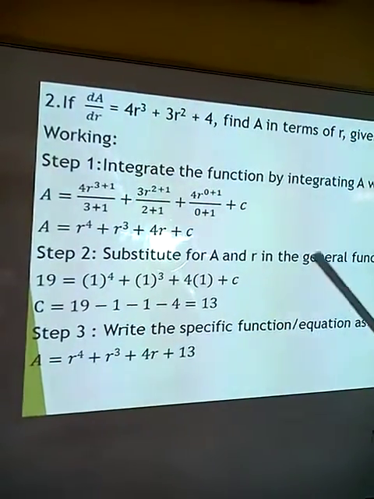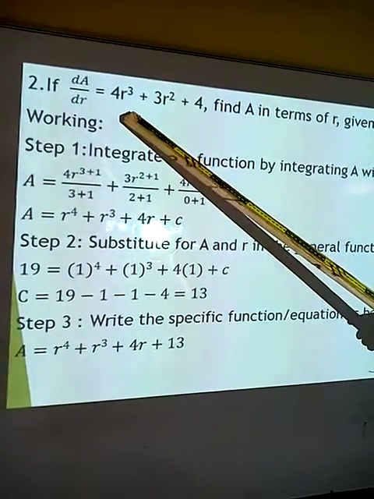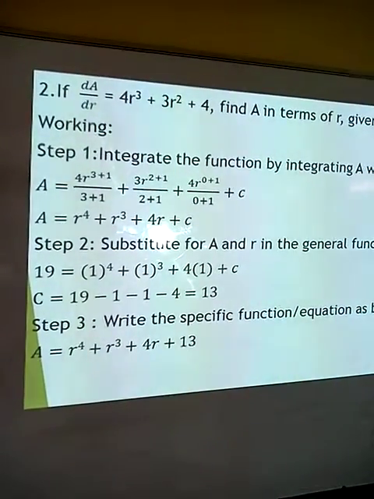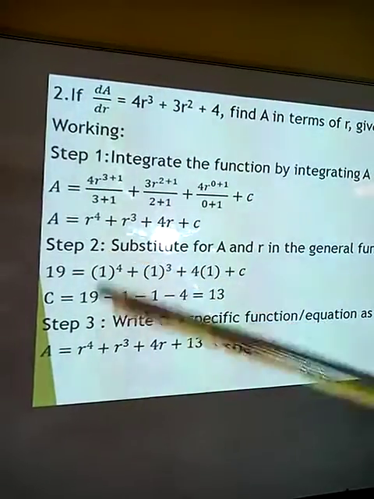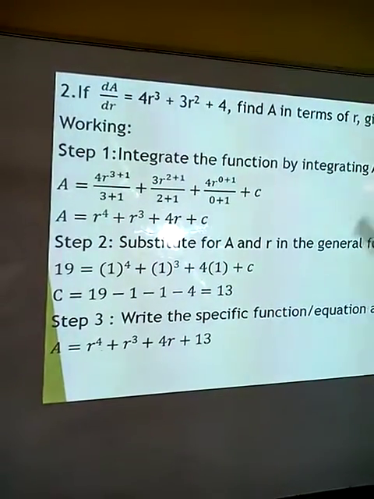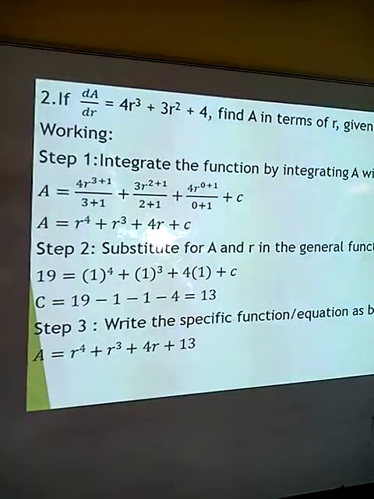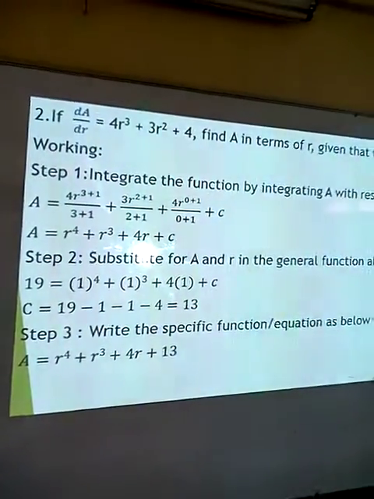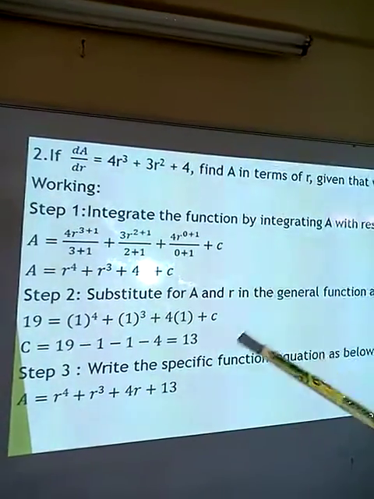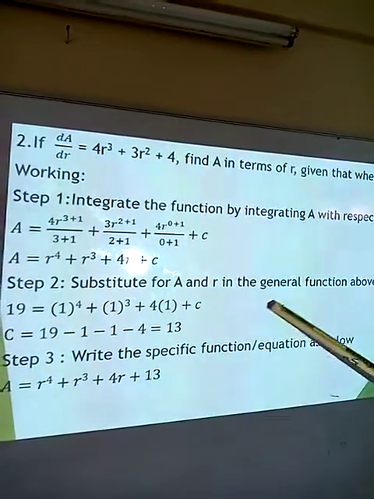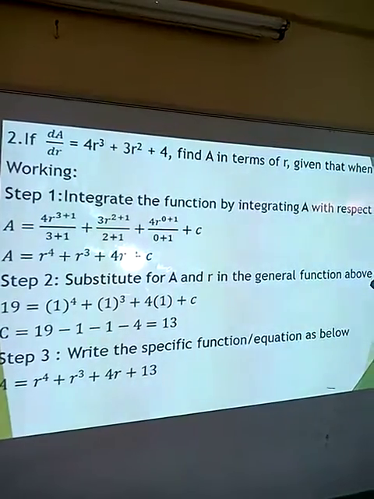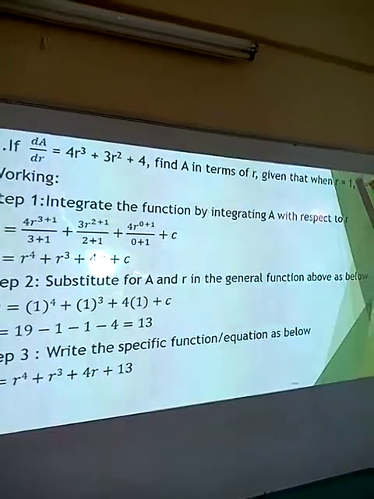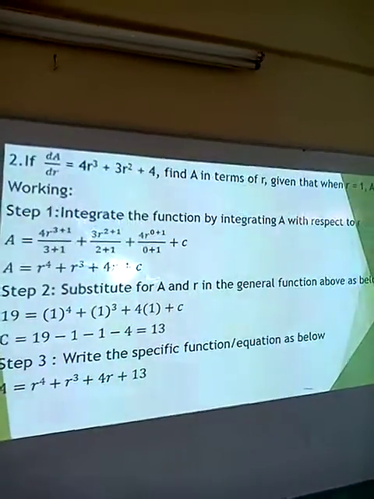Up to where we have dA/dr is equal to 4r cubed plus 3r squared plus 4, we arrive at this general function A is equal to r to the power 4 plus r to the power 3 plus 4r plus c. In step 2, we now substitute for A and r in the general function, because we were given r to be equal to 1 and A to be equal to 19.